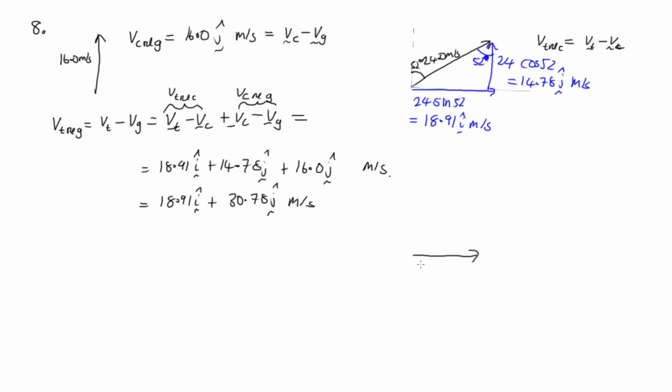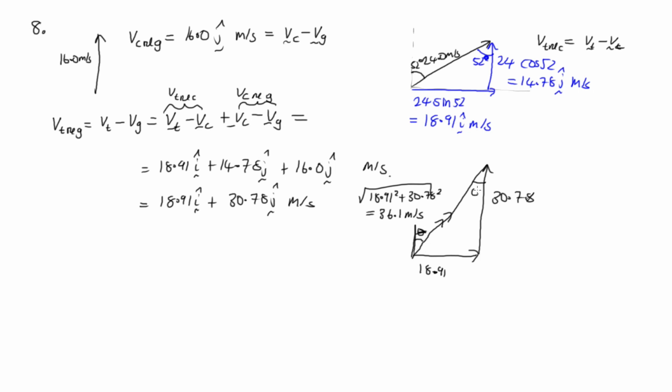So we can draw here, we've got the 18.91 in the I direction, and then we've got the 30.78 going up in our J direction. So to work out the magnitude here, we use Pythagoras. So this is the square root of 18.91 squared plus 30.78 squared, and solving that we end up with 36.1 meters per second, and then we need to work out what the angle is. The useful angle that we'd like to know is the angle it makes with north, so we want that angle there.